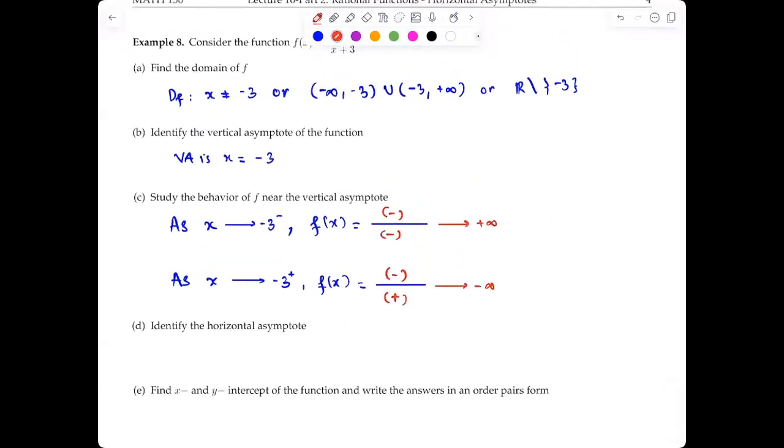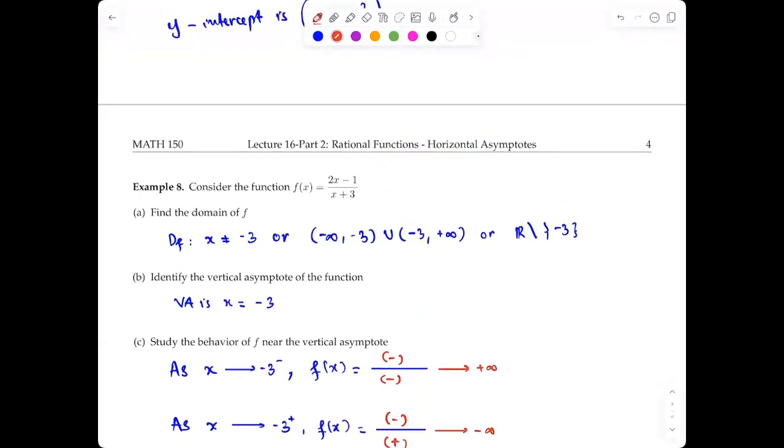All right, so let me go to D, identify horizontal asymptote. To identify horizontal asymptote, you look at the degree of polynomial on the numerator and the denominator.